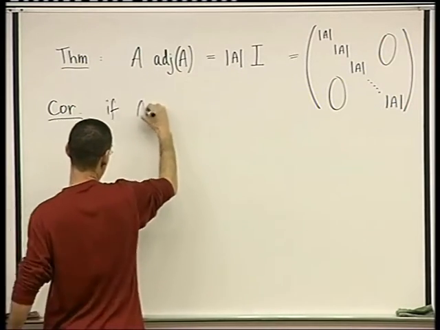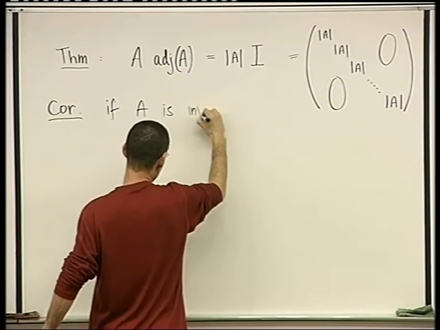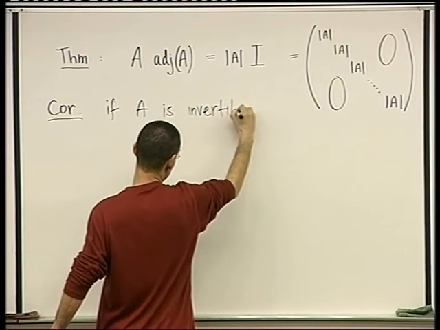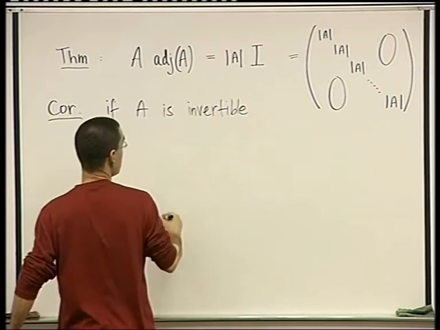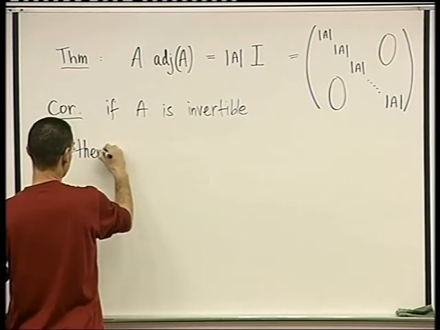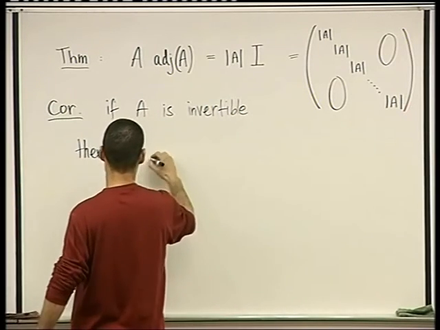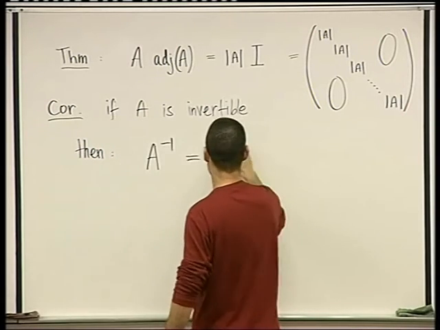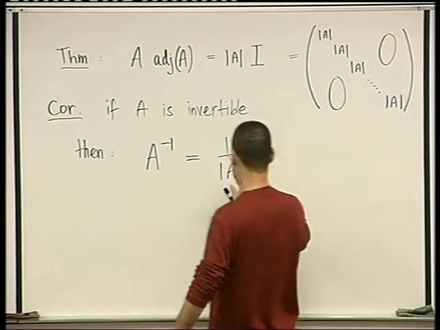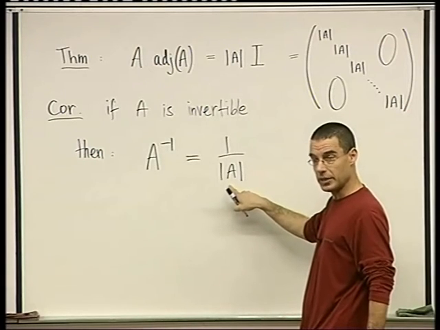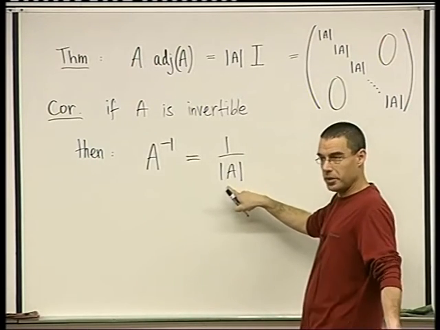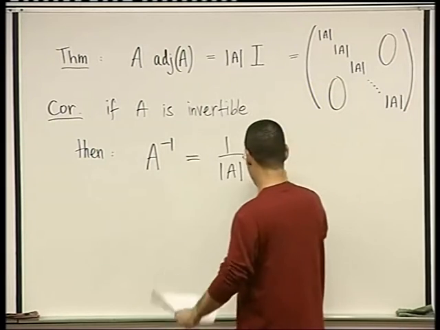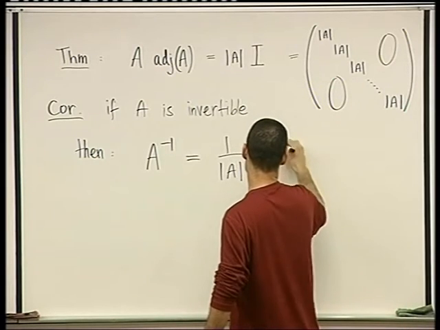If A is invertible, then we have the following statement. A inverse is 1 over the determinant. This is a non-zero number if A is invertible. This is just its reciprocal times the adjugate.